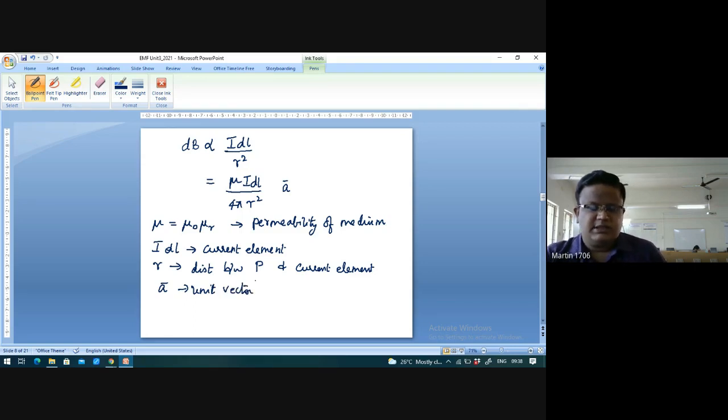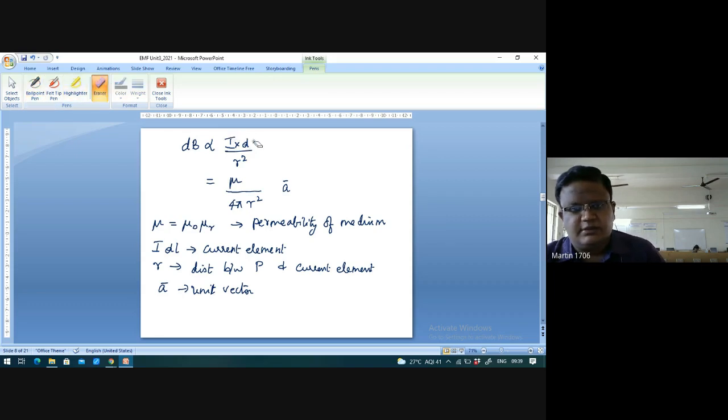Since we are dealing with the magnetic property, each vector comes perpendicular to the E field. So how can you write the above expression in magnitude? Actually, one thing I forgot to tell: IDL should not be written like this. It is I cross dl, so it is a vector.